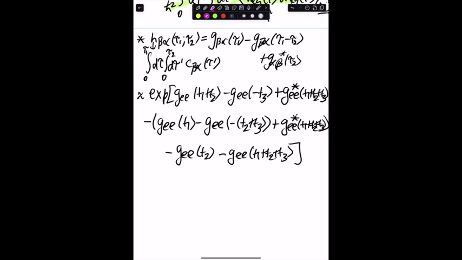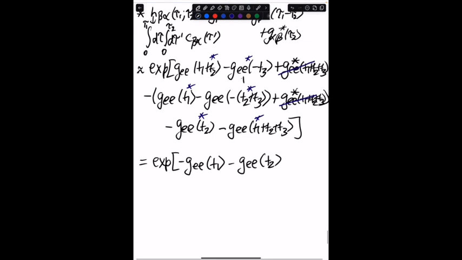Quite obviously, one cancellation is very evident, which is this term cancelling out with this term. So in the end, you get 1, 2, 3, 4, 5, 6 terms, which is characteristic of this cumulant approximation. So you get exponential, let's arrange it well, minus gee t1 first, minus gee t2. Then you have your third term here, which is minus gee t3 star, because gee minus t3 is gee t3 star using the property which we have proved already.